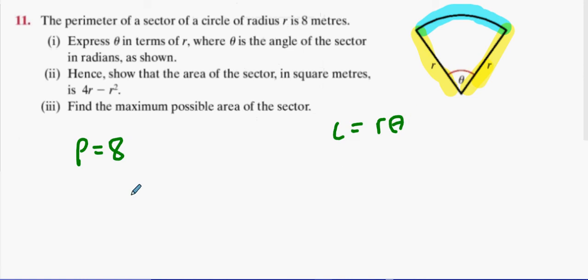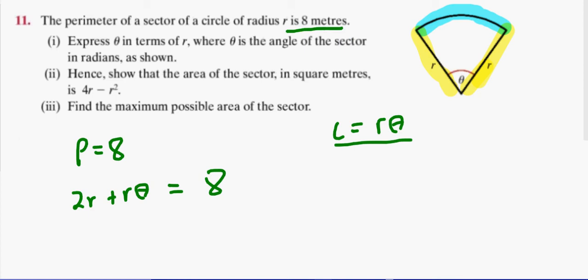So everybody therefore agree that the perimeter is 2r plus r theta is equal to 8. The two yellow parts are r plus r, which is 2r. The blue section is the arc formula, which is L equals r theta. Add them together, you have to get 8 because it says the perimeter is 8.